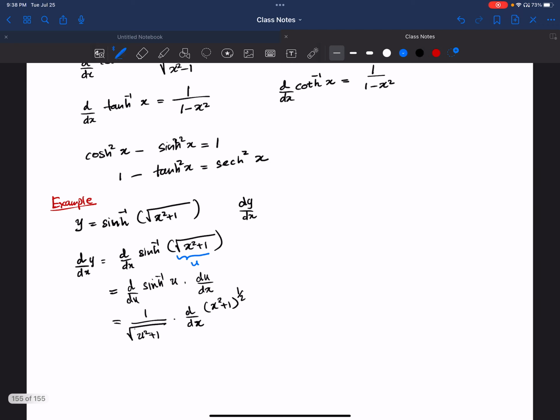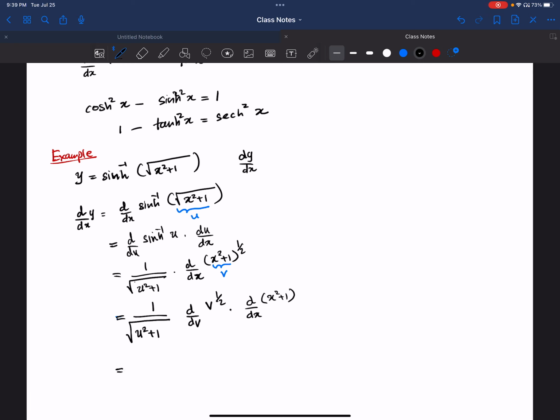Well, again, you can use a chain rule. You can put this function as v if it is complicated to put u, and then you can write the chain rule again. This stays here, 1 over square root of u squared plus 1, and then d over dv v to the power half times d over dx v, where v is x squared plus 1.